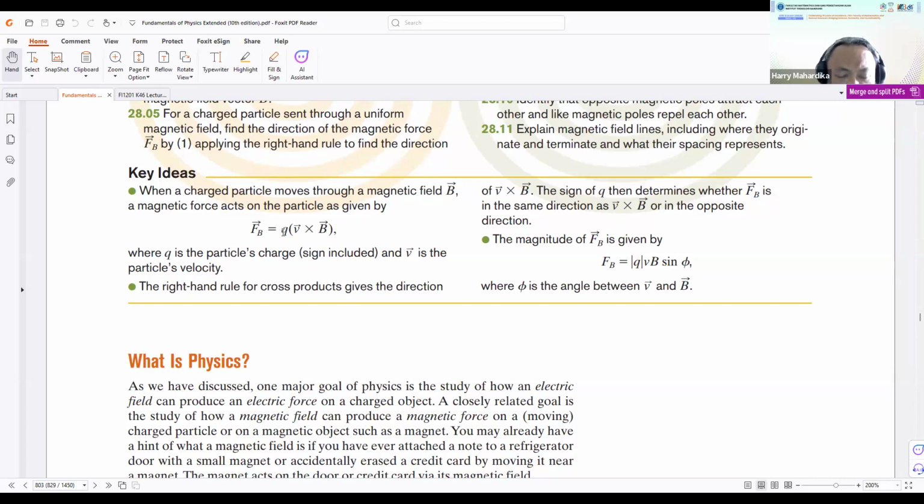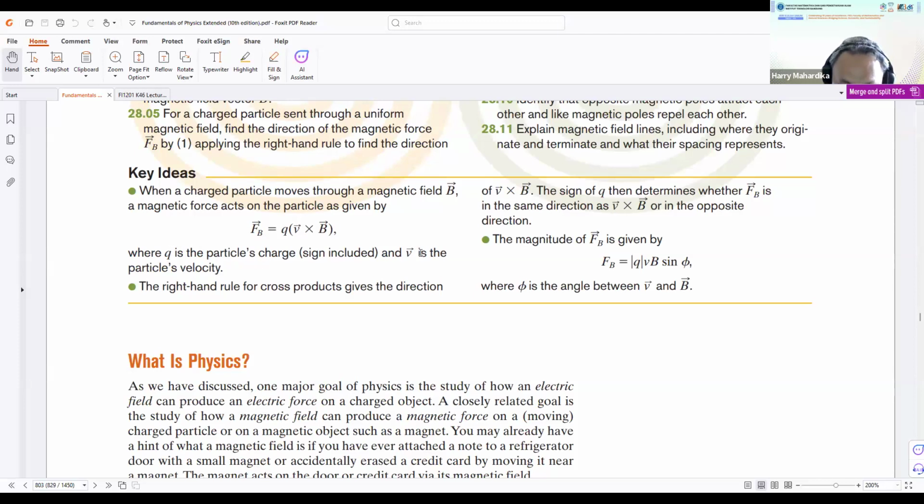If we consider an electron or a negative ion such as OH minus, which usually has a -1 sign, then we also need to put a minus sign over here. So the direction of the force will depend on the sign of the charge and also the direction of the moving particle.